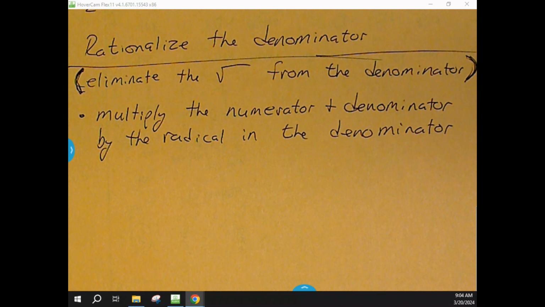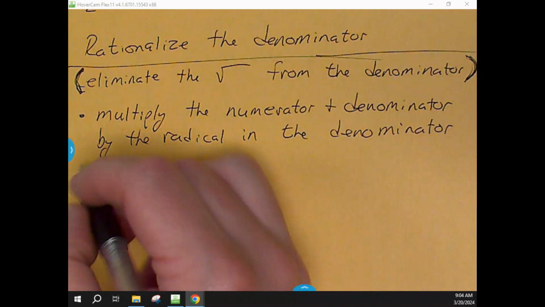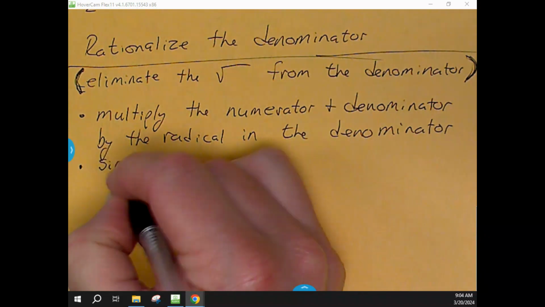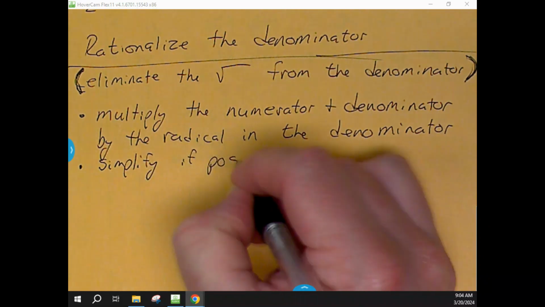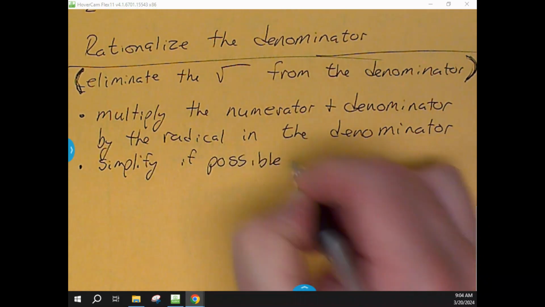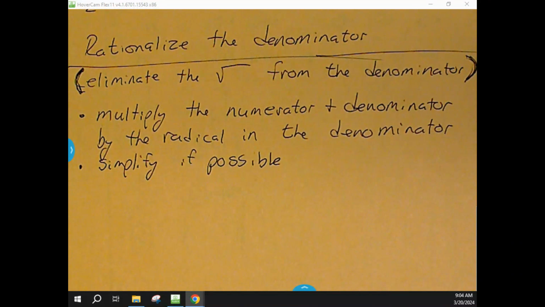And then after that, you just simplify whatever you can do. We'll show you a couple of them just to walk you through this and give you a shortcut way of what you'll actually wind up doing when you rationalize the denominator.